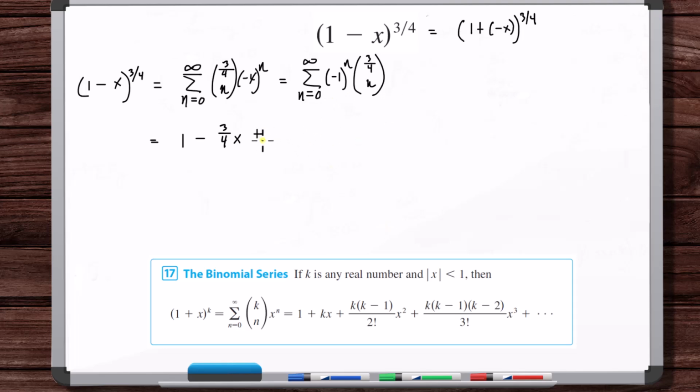Okay, so you've got 4 times 4 times 2 factorial and a 3. Okay, now this should be a plus.